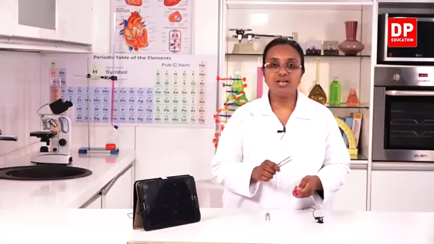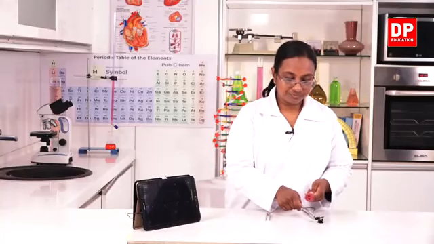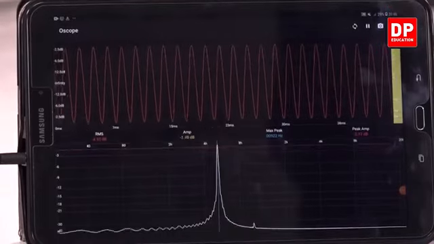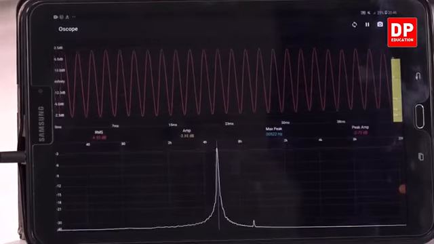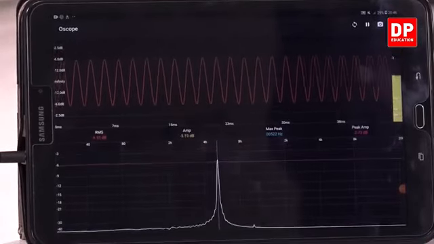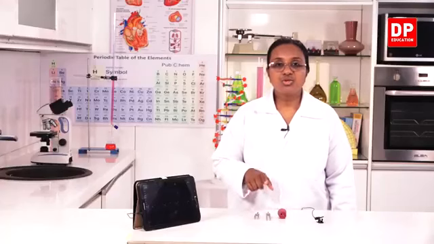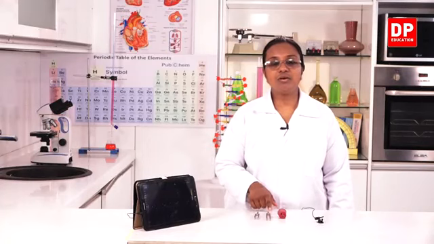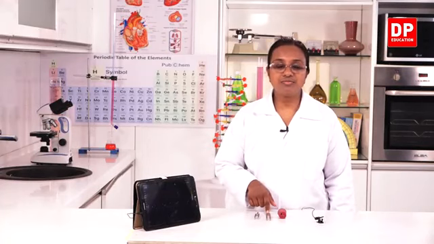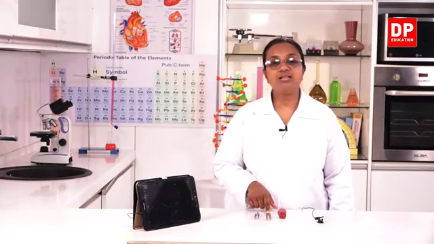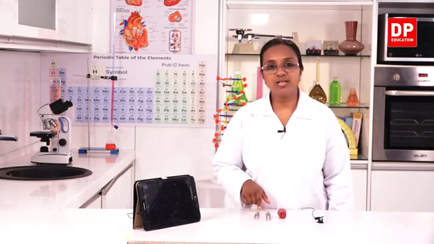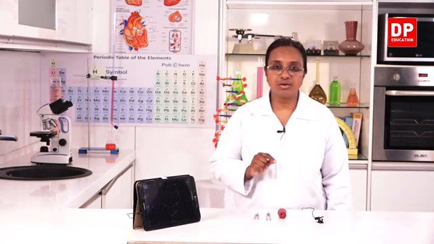I will strike it one more time. So when I use the tuning fork with 256 Hertz frequency, that is a somewhat lower pitch compared to the other one, you would have observed the frequency.